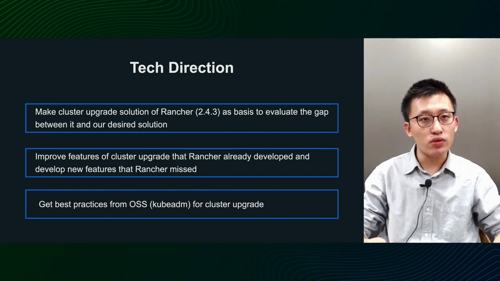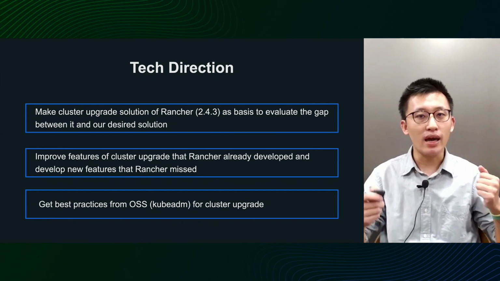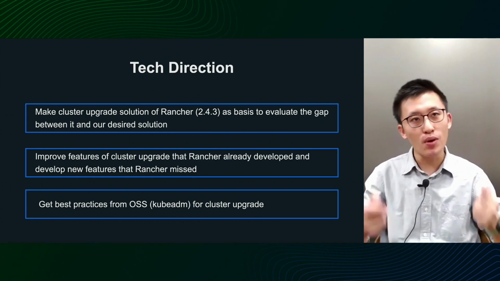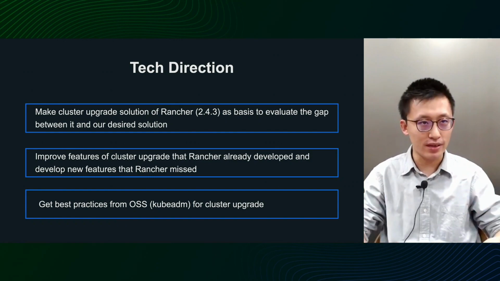Now it's time to talk about what our upgrade solution looks like and how it works. That is the most important part of this slide, so let me introduce it.